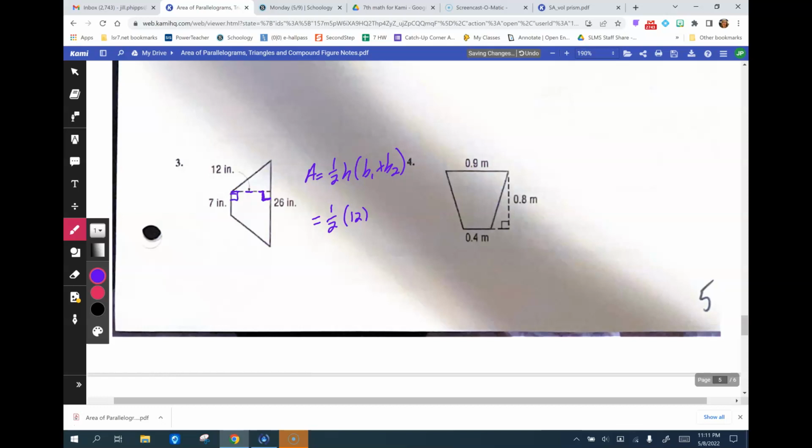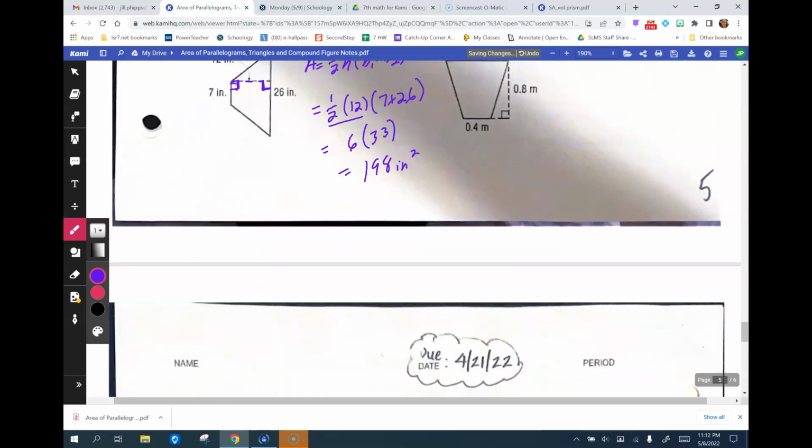It's actually perpendicular to both of the bases. It just only shows it with one. Okay? And then you're going to add your bases. Pull out the calculator. I'm going to simplify first. I know you can just plug it in, but it's old habit. And we get 198. And of course it's area, so it's inches squared. You get the idea, I believe.